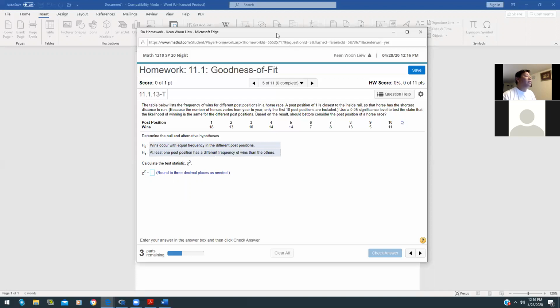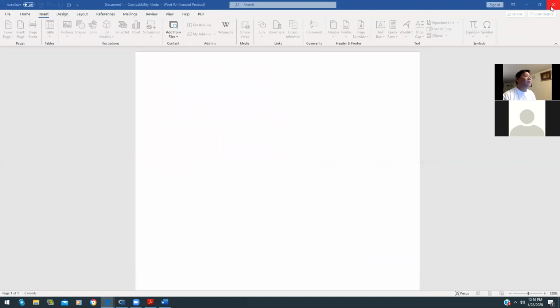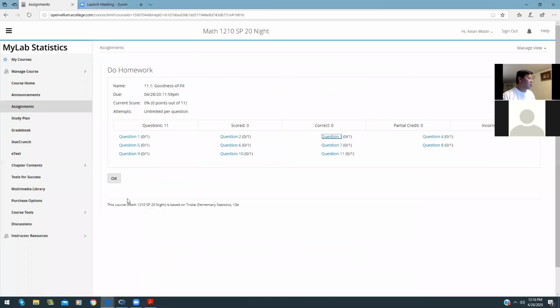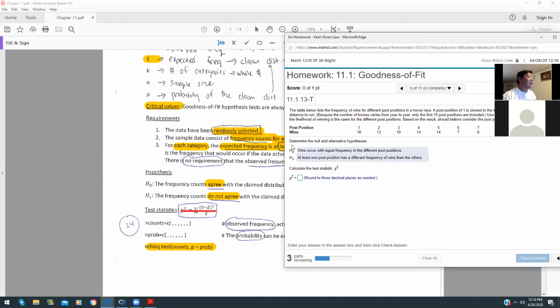But I want to point out that your online homework shows something like this. But when you do your test, you just say H0 is the frequency counts agree and H1 is the frequency counts do not agree. So you do not need to do what your online homework says, that H0 is wins occur at least one.